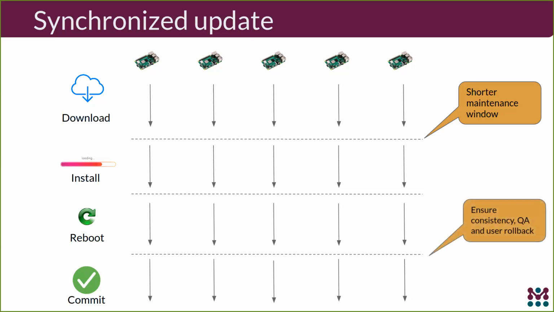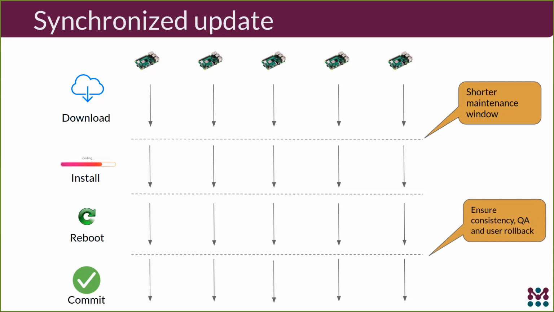The next place I'll explain the use case for is between reboot and commit, because these two places relate a bit more to each other. If you put the pause here, you can ensure consistency, do quality assurance.